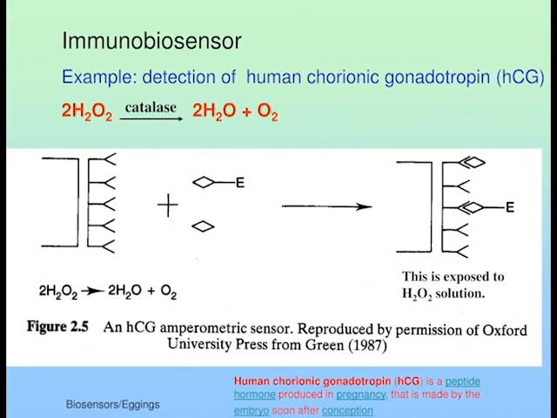This whole probe has to be transferred into a solution containing what? H2O2 of a fixed concentration. Are you following? It's a little bit more tricky than the normal way.